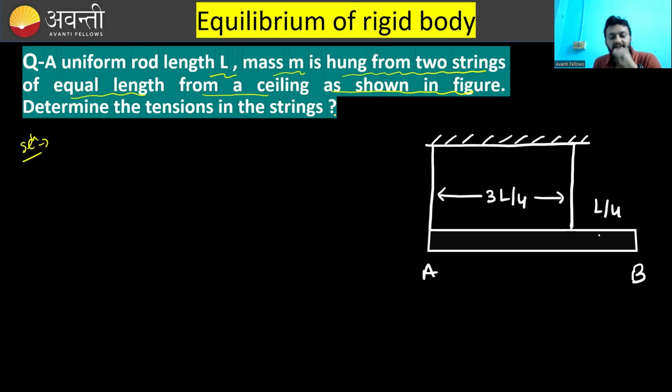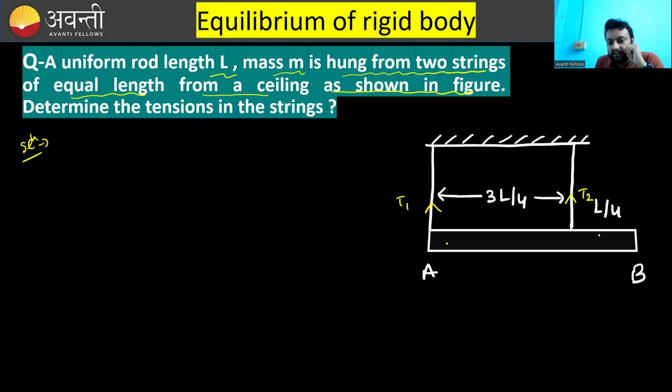Now, imagine. First of all, we will draw a rough FBD of the forces acting on the system. You can see that this is a string and there will be a tension. Let's suppose this tension is T1. On the second string, let's suppose the tension is T2. We need to calculate these tensions. Another thing is there will be a gravitational pull.